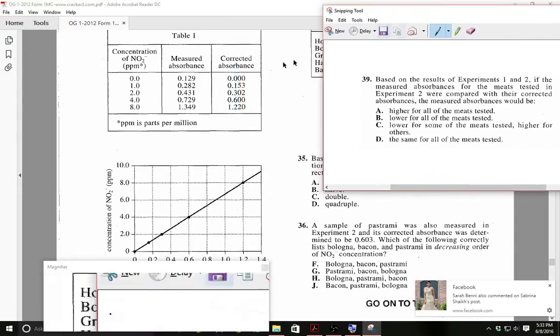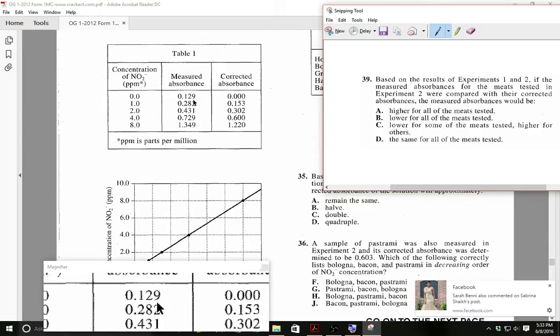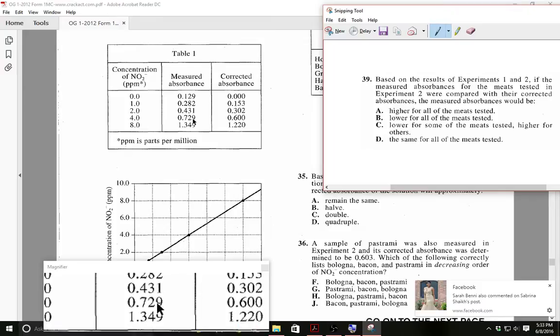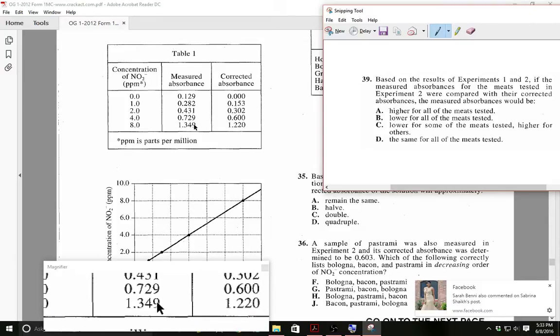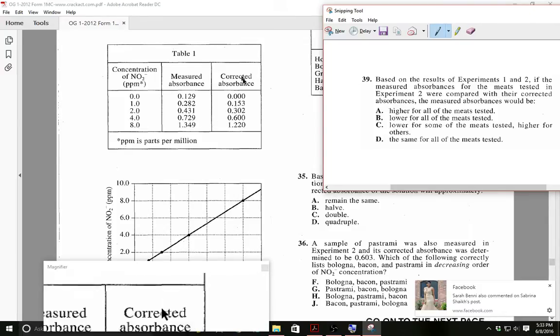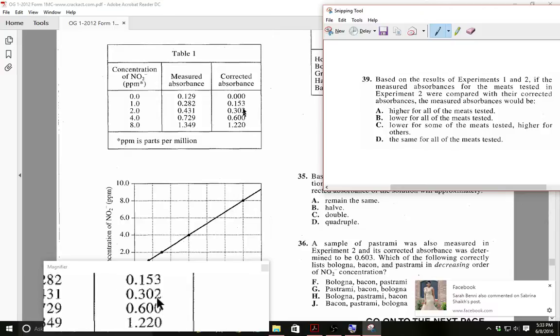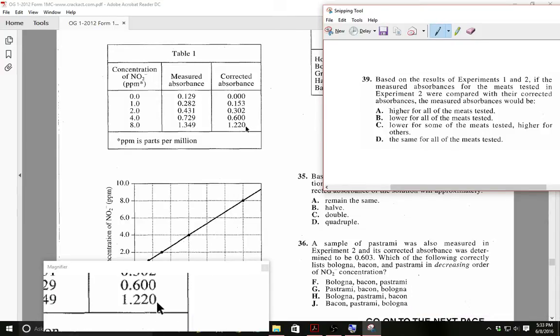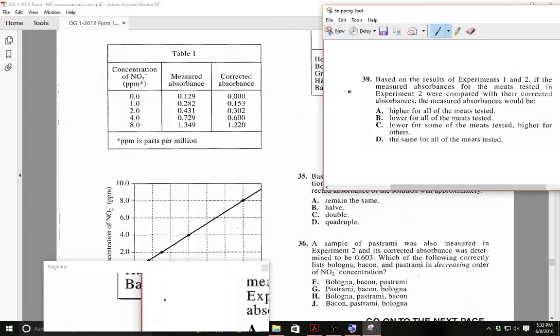Okay, let's look at this. Measured absorbances for table 1: 0.129, 0.282, 0.431, 0.729, and 0.349. The corrected absorbances are all less than this: 0.000, 0.153, 0.302, 0.600, and 1.220.